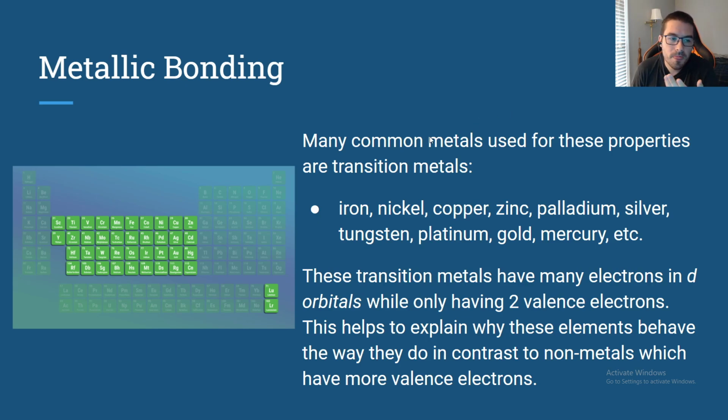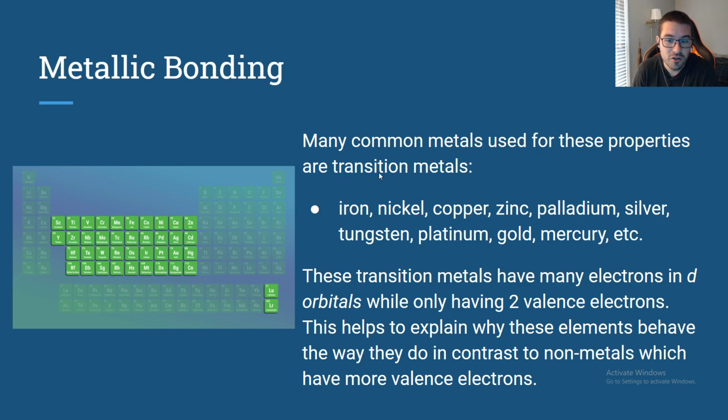Okay, so I have one other slide here on metallic bonding. Once again, I don't think this information is particularly mandatory for you to be able to know and explain, especially on the AP exam, but I think it's interesting. Many common metals that are used in technology are used for those properties that we just talked about.